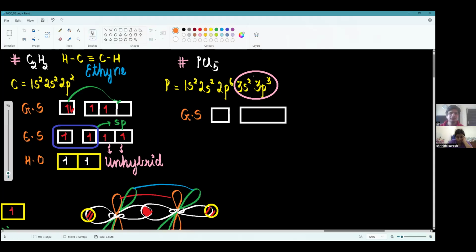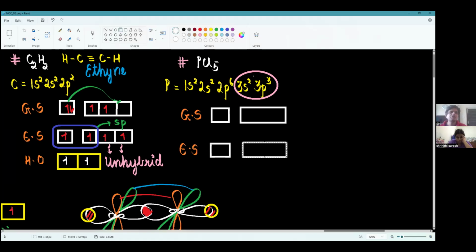After the ground state comes the excited state. In the excited state, we will see that there will be excitation of electrons. And we have to discuss the reason also why there is excitation of electrons.